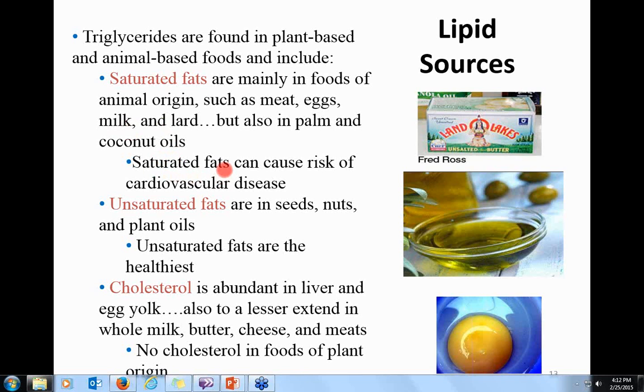And saturated fats can cause an increased risk of cardiovascular disease. Unsaturated fats are found in seeds and nuts and plant oils, like olive oils. And cholesterol is found in, again, meat-based fats, such as the liver or the egg yolk. No cholesterol is found in plant origins.